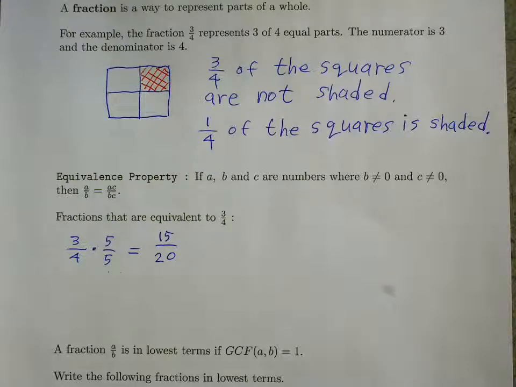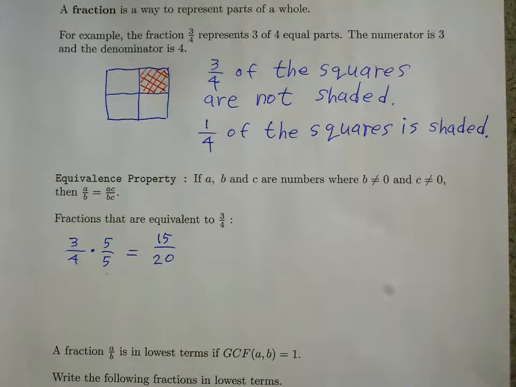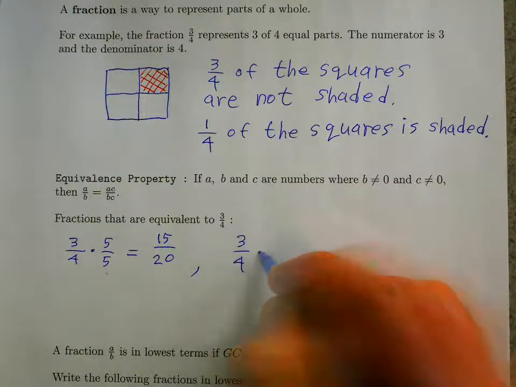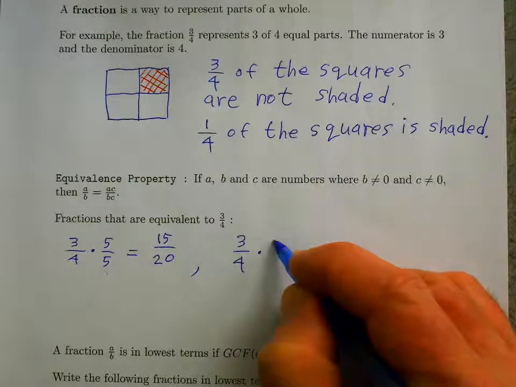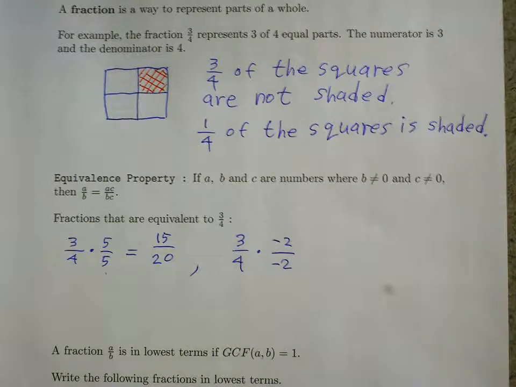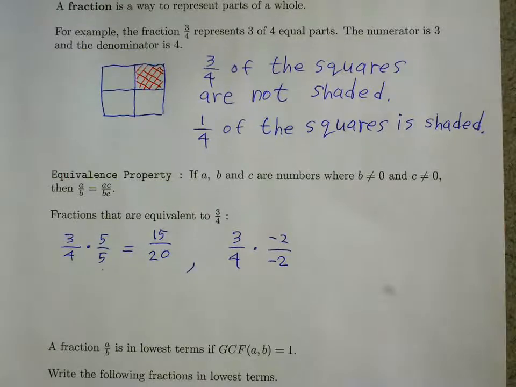Yeah, so this is remedial material. This might all make sense to you, but we want to make sure that we cover fractions. Well, we could multiply 3/4 times 1 in the form -2 divided by -2. -2 divided by -2 is 1.